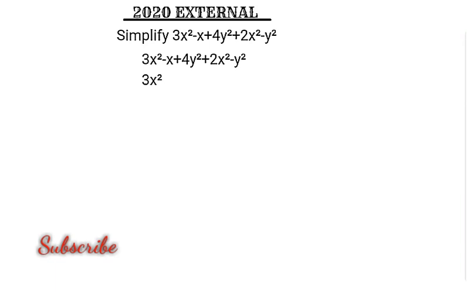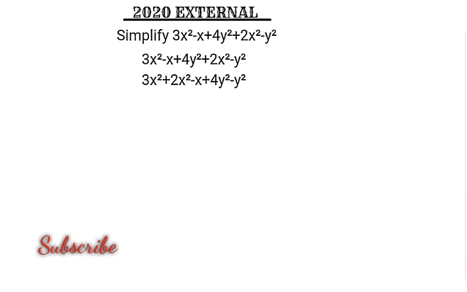Then I'm going to look for a term that has x squared, which is plus 2x squared. Then minus x, because there is no other term that has x squared or x. Then I'll write plus 4y squared, then minus y squared at the end.